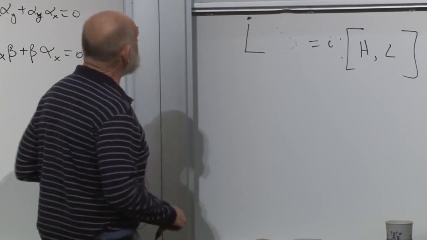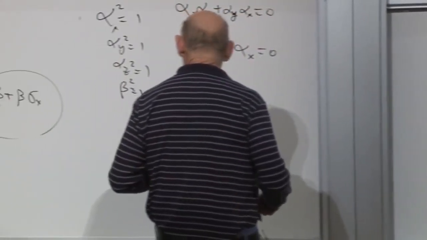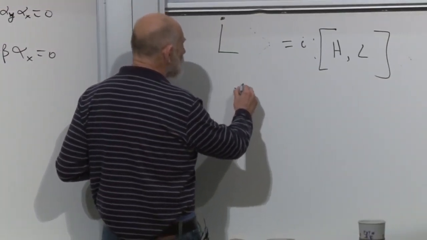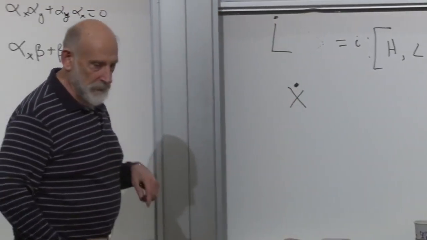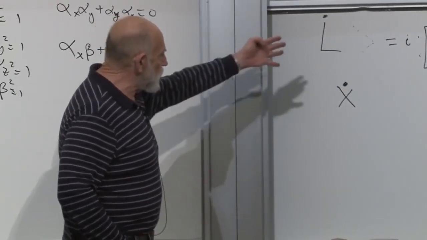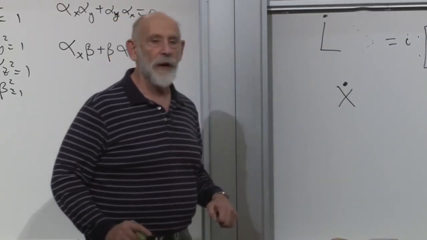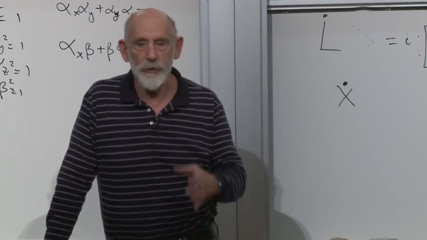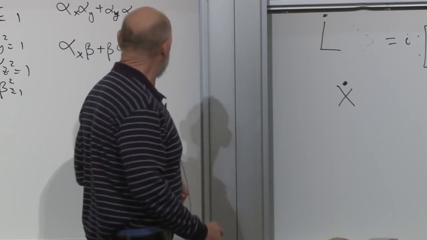Okay, let's take our Dirac particle and let's consider x dot. X is the x coordinate of the particle. Using this formula, let's try to figure out what the velocity operator is. What's the operator which when you measure it, it gives you the velocity?